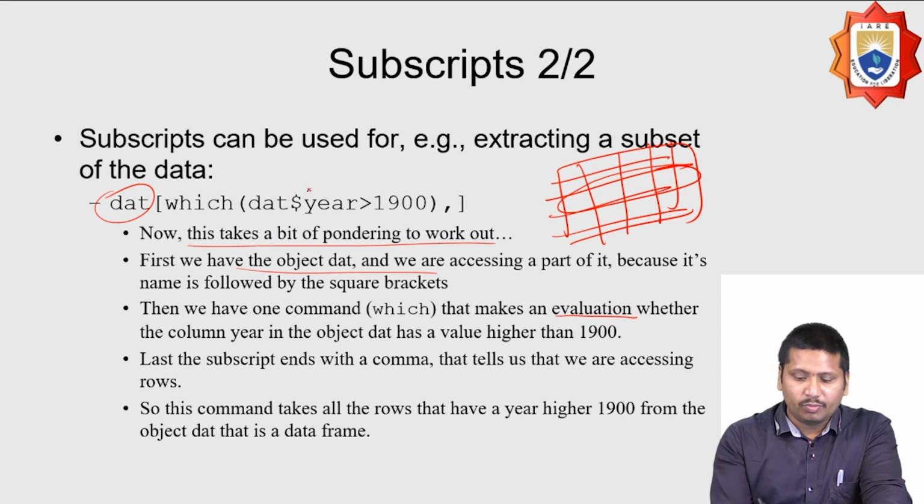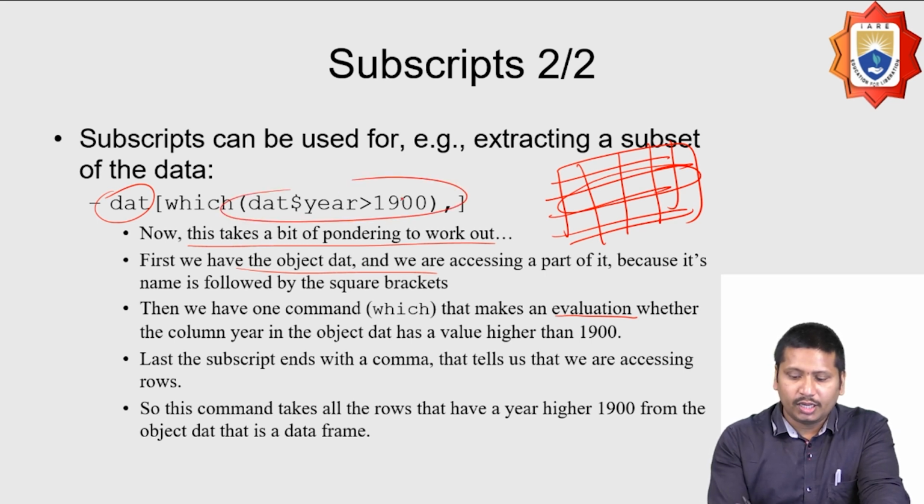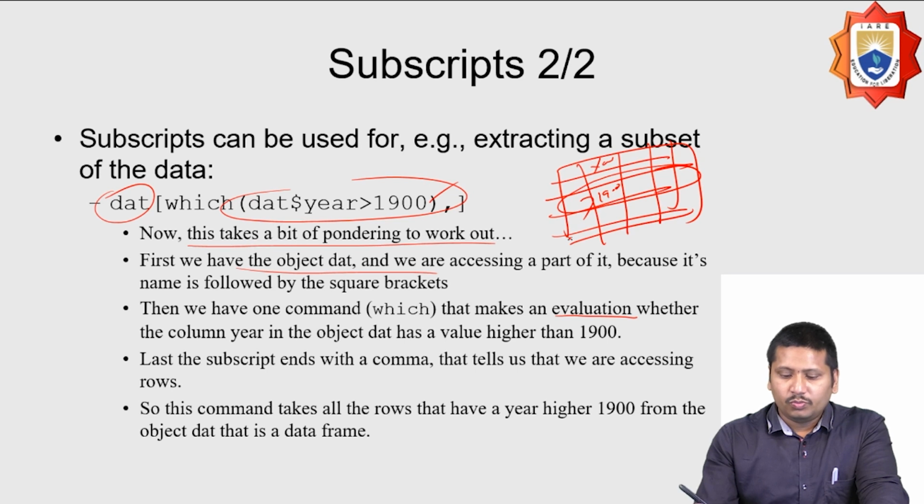For that I can write a query for data dollar year where it should be greater than 1900. So first we have a data object for accessing part of it because it is followed by the square brackets. And then we have one command that evaluates whether the column in the object has a value, and this command also selects the rows that have a higher value.